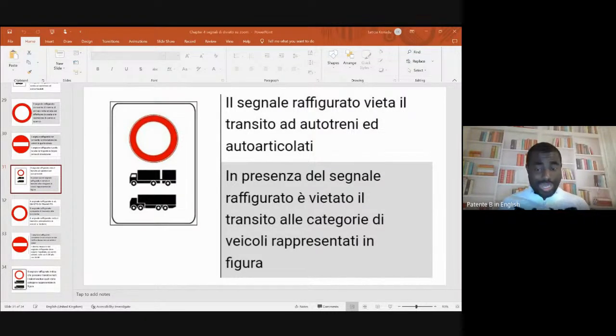Those are the two categories that cannot pass. Now the second one says that in presenza del segnale raffigurato è vietato il transito alle categorie di veicoli rappresentati in figura, and the answer is also true. So it is forbidden the transit of this category represented in the signal, and the first one and the second one are all true.